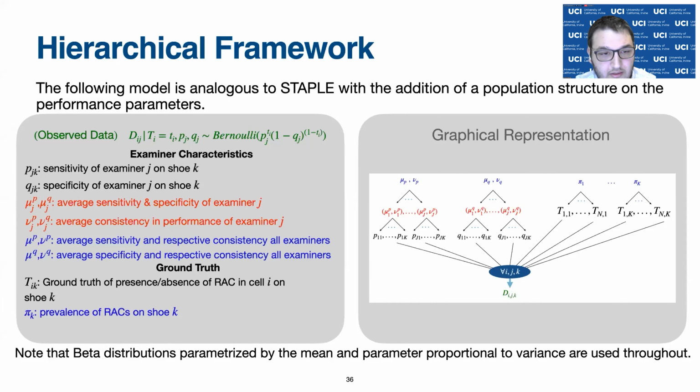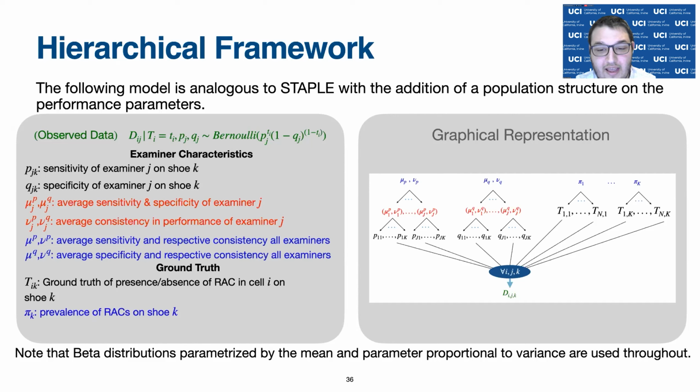Then going to the graphical representation, we have these population level parameters. Then drawn from those distributions, we have our examiner level performance. And then from those distributions, each examiner has their own shoe level performance.